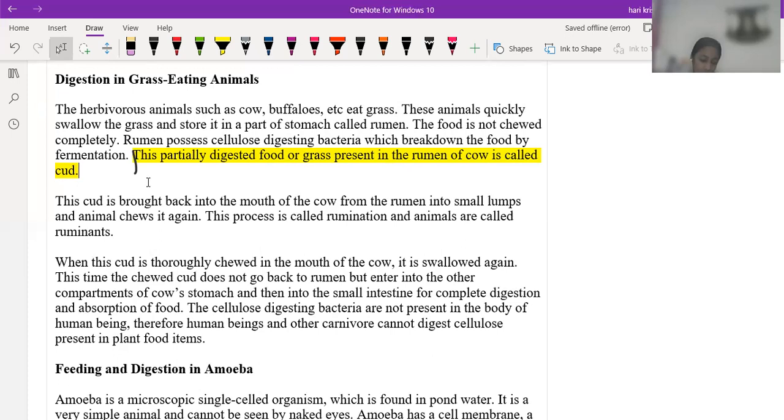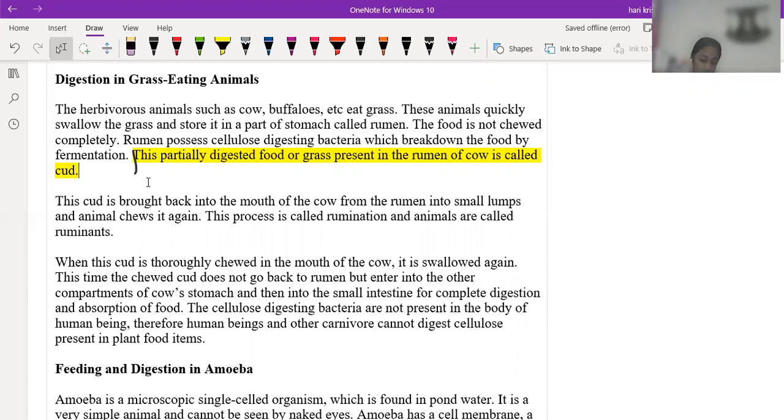Sir, all grass eating animals cannot do this, right? Not all, mostly they will do it like this only. Because grass contains cellulose, right? Digestion of cellulose is a slow process. In the case of human beings, cellulose will not be digested at all.